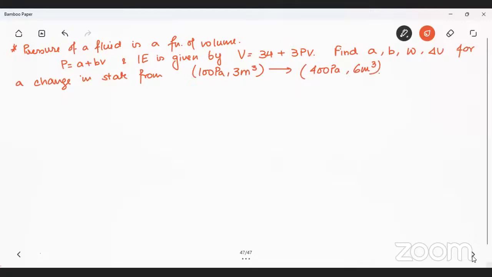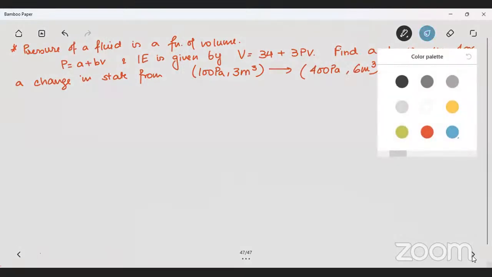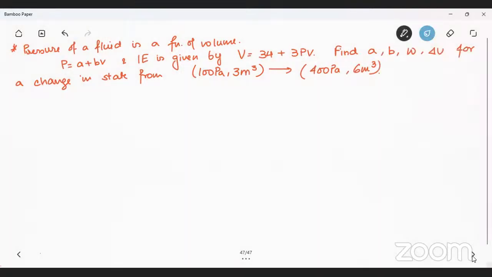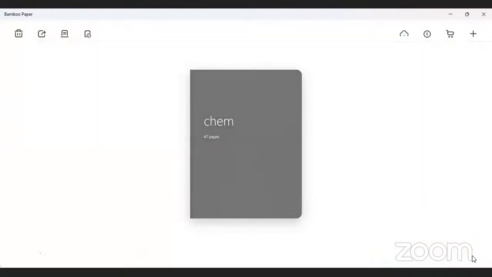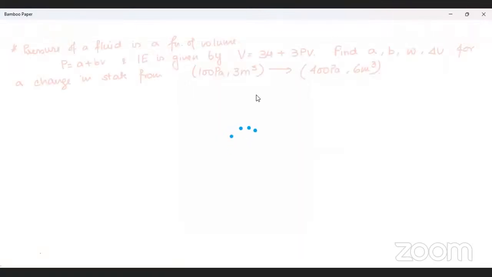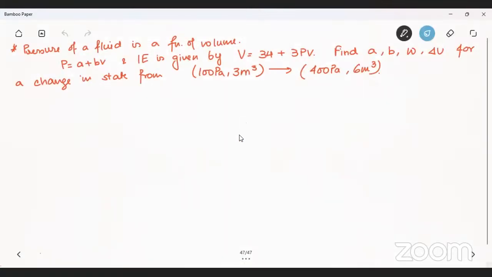Okay, so can you solve this? I am there to solve, but just try. This is very simple. You don't have to read the chemistry part to answer this question. Want to try or I will say?